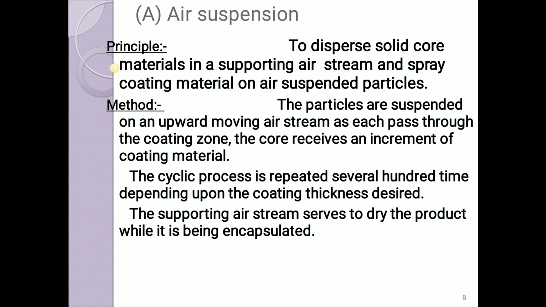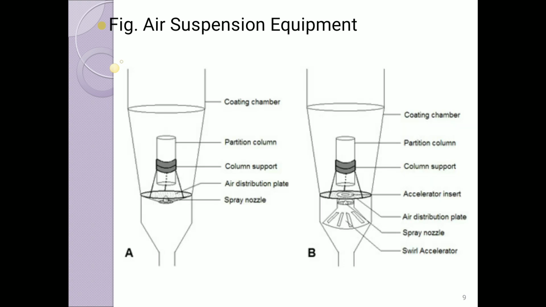That cyclic process is repeated several hundred times depending upon the coating thickness desired. And the supporting air stream serves to dry the product while it is being encapsulated, right?